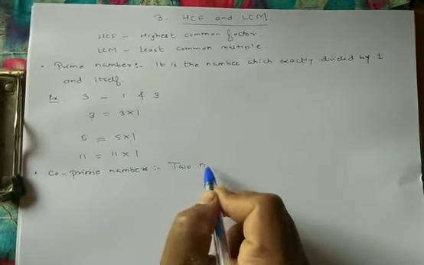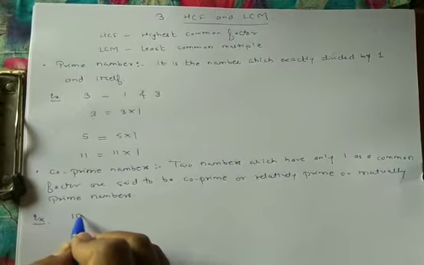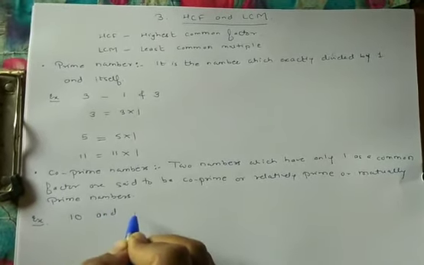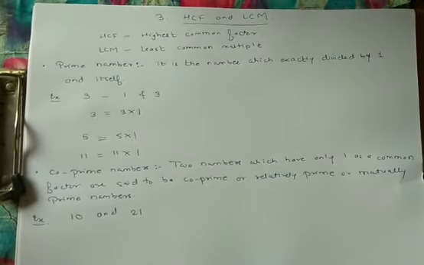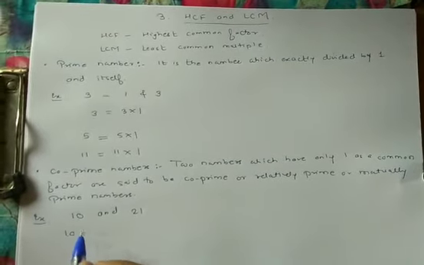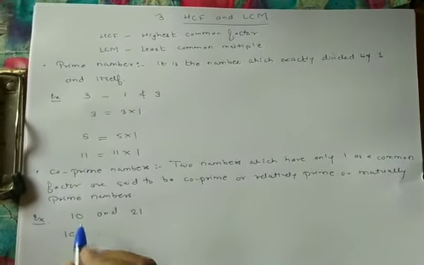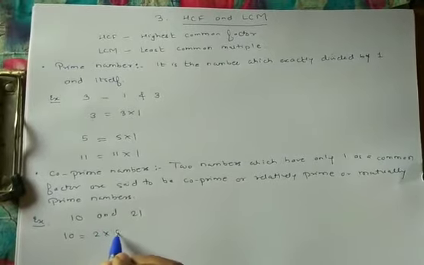To understand co-prime numbers, let us consider one example. Suppose 10 and 21, two numbers. The factors of 10: we know that 2 fives are 10.